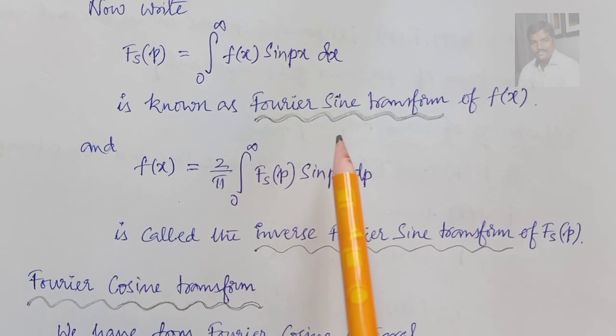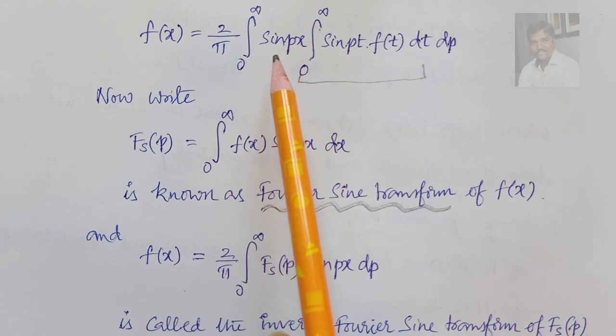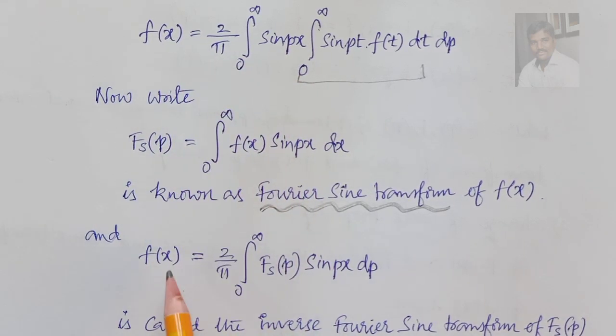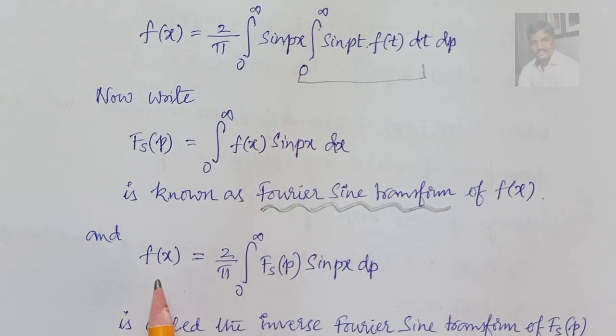Now if I substitute this in the earlier formula, I will get f of x is equal to 2 by pi integral 0 to infinity Fs of p into sine px dp. This is known as the inverse Fourier sine transform of Fs of p.